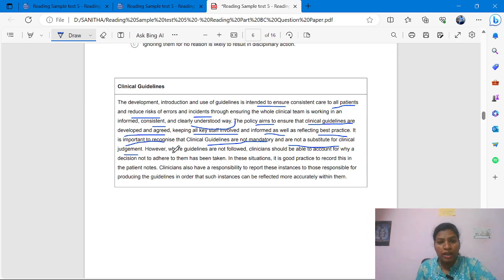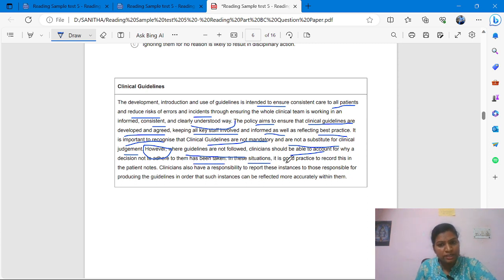Okay. However, where guidelines are not followed, clinicians should be able to account for why a decision not to adhere to them has been taken. See, I already told you connectors are very important in the OET reading part.